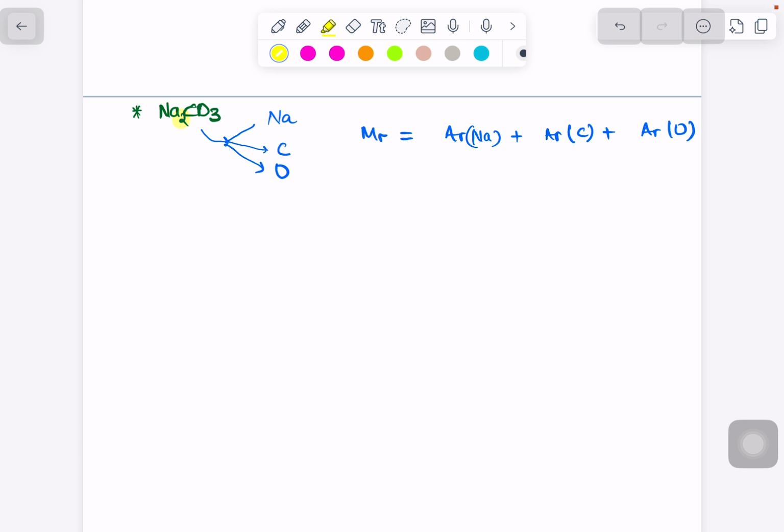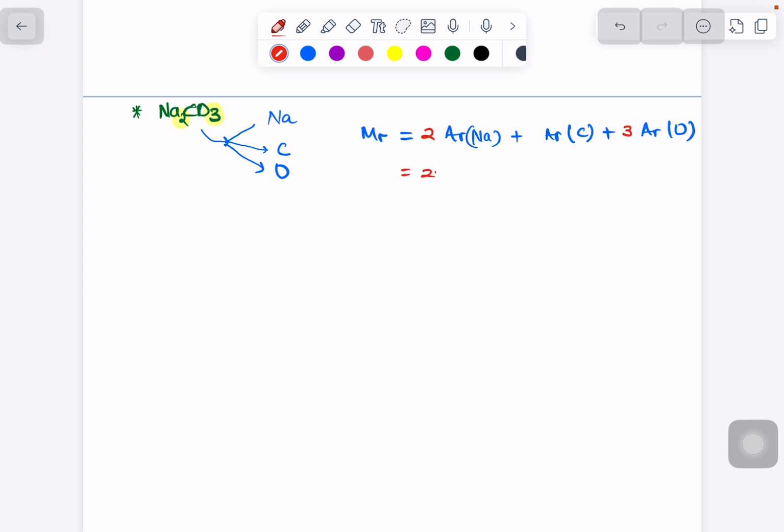So 2 is the number of atoms of sodium. Carbon has none, so it means it's 1, and oxygen shows 3. And then we write that number in front of the atomic mass. So it's 2 sodium, carbon is 1, so no need to write, and oxygen is 3.